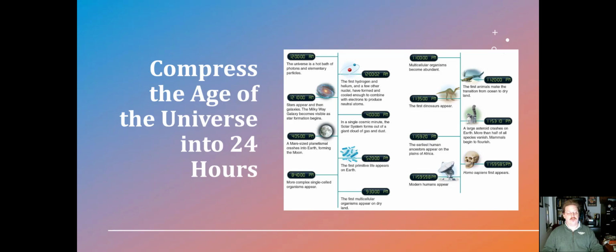The planet Earth has not been around for even half the duration of the universe. The universe has been around for far longer than the Earth has been here.